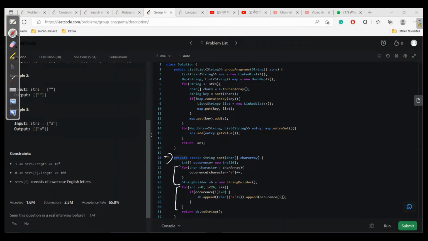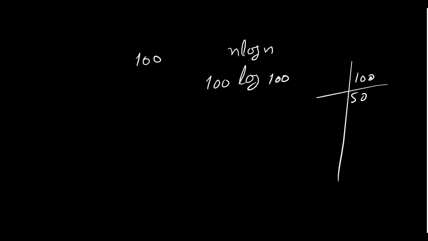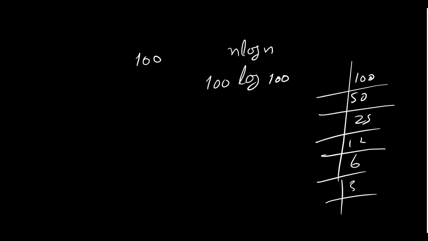If I talk about the sorting, in the worst scenario it will have 100 characters. So n log n complexity will be 100 log 100, and the log value of 100 is about 6 or 7. But the loop we are using additionally takes time to create a new separate integer array of size 26 every single time.